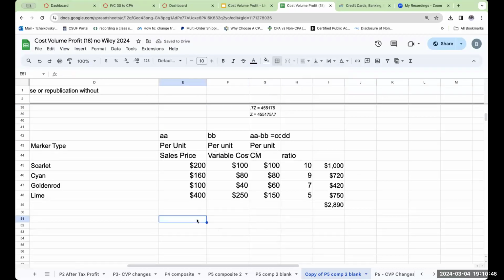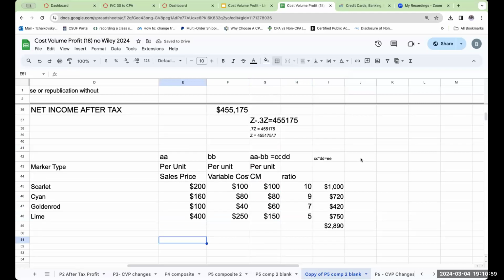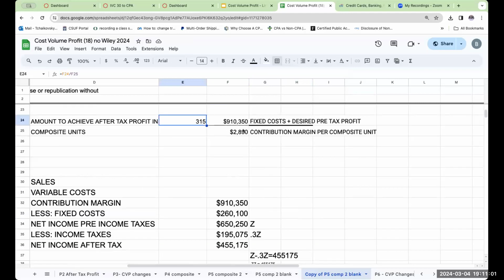So what do I do from here? Well, remember, I'm coming up over here with my 315, which is the amount of composite units I need to sell in order to achieve the desired after-tax profit.